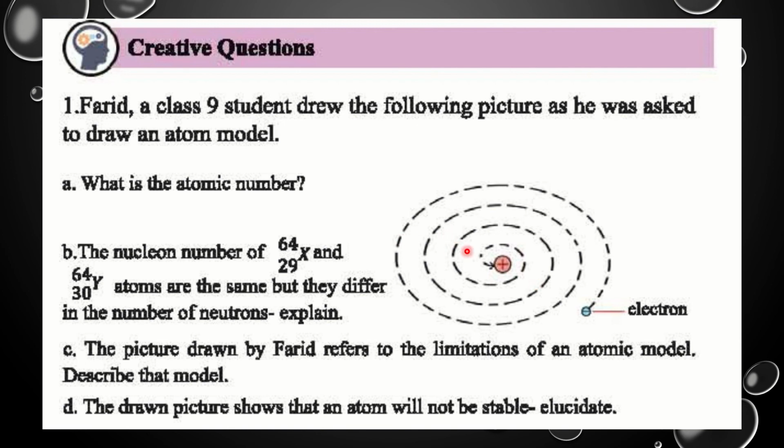It is seen that when any charged particle moves in a circular path, it always emits energy, its radius will gradually grow smaller, and one time it will come to the center. So it refers to the limitation of Rutherford's atomic model.